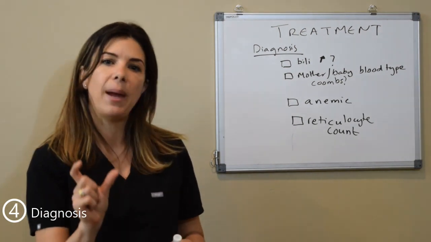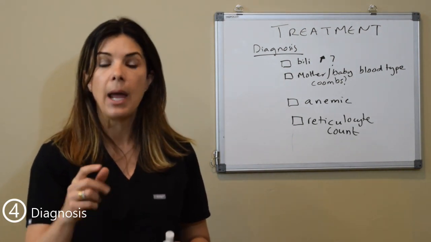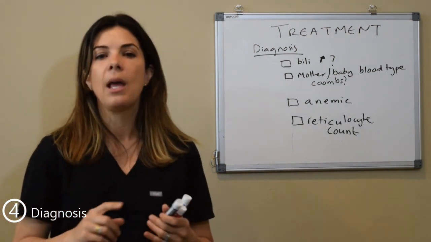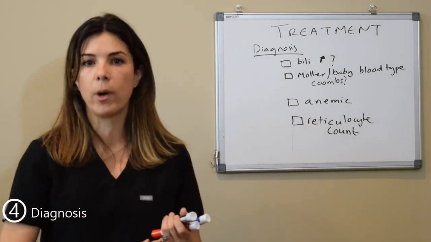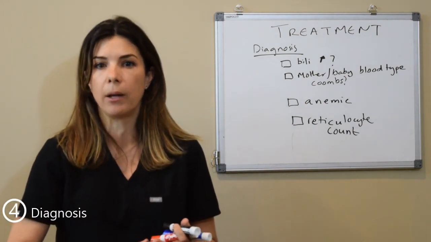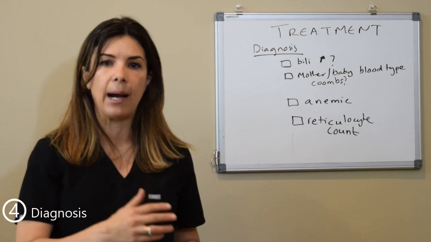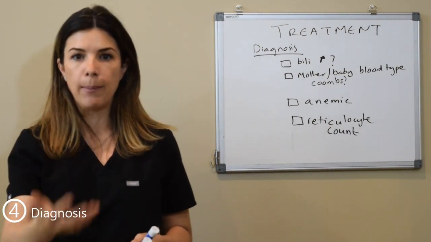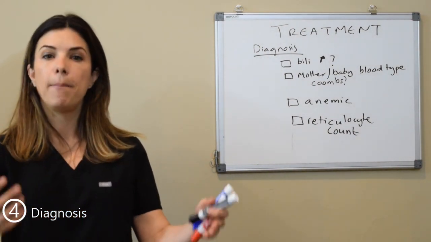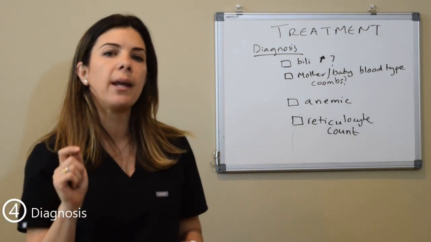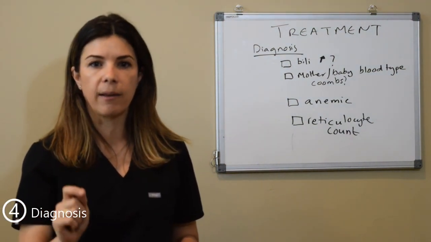So retics are basically immature red blood cells. If you see a high reticulocyte count, it implies that either the blood is being destroyed rapidly or the baby is losing blood from somewhere and the bone marrow is doing everything it can to kick it out. So if you do have a hemolytic process, which again means that the red blood cells are being broken down at a faster rate, you would expect a high reticulocyte count.